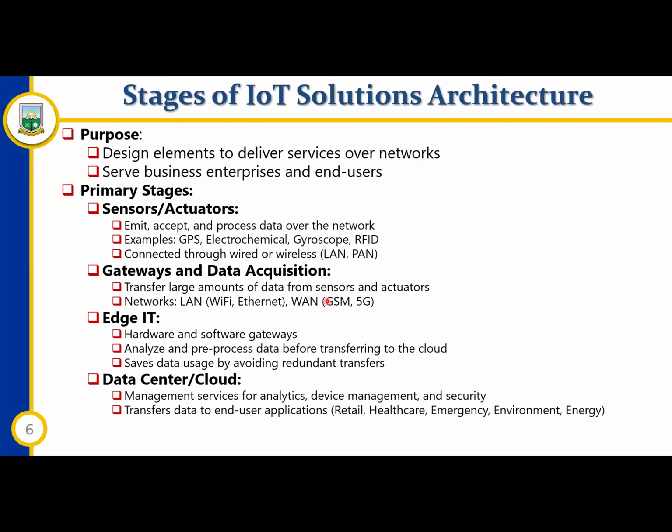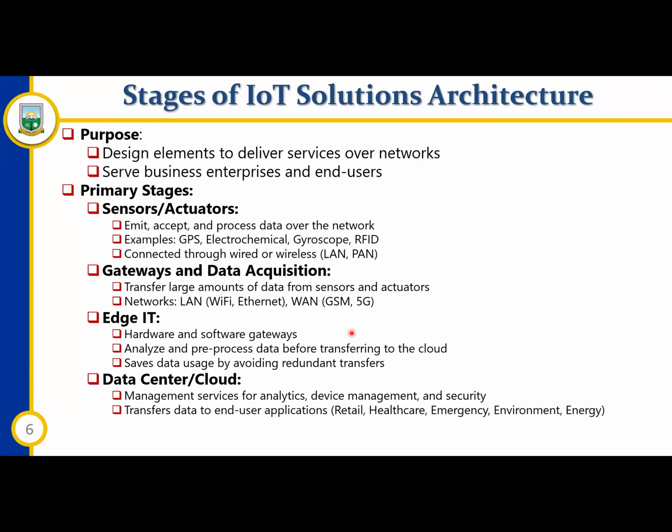the gateway and data acquisition. Well, don't forget, these are the primary stages of IoT in terms of the architecture. So for the gateway, most times, as a large amount of data is produced by the sensor and also the actuator, there is also a need for high-speed gateways or network to transfer the data being pushed through.